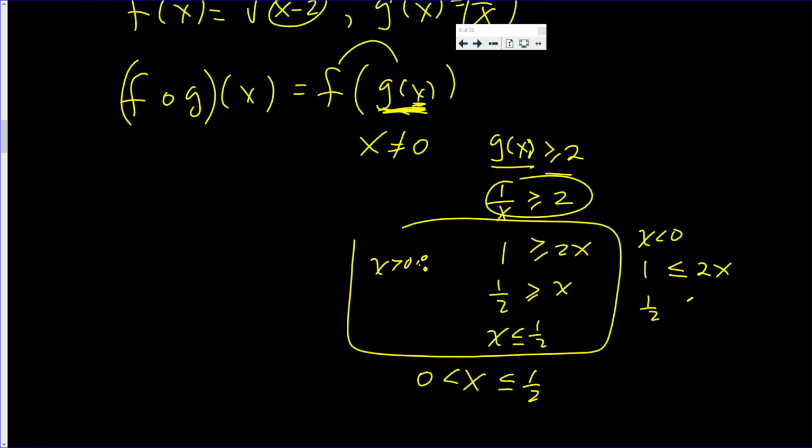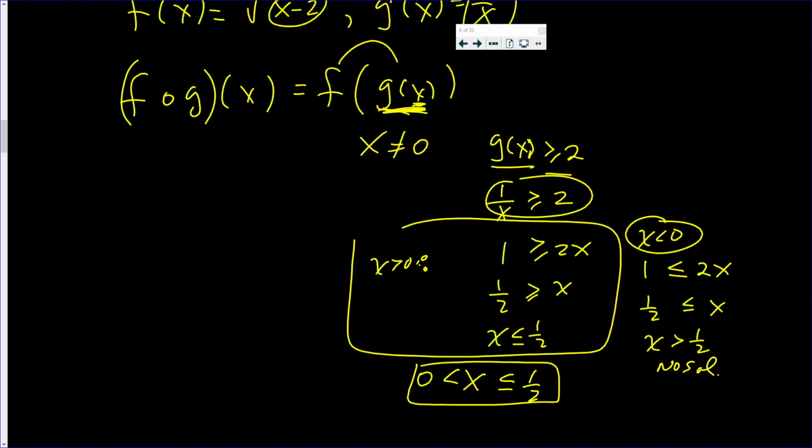I divide both sides by 2, and I get that x is bigger than or equal to a half, and x is less than 0. This one has no solution. So for g of x to be bigger than or equal to 2, x has to be in here.